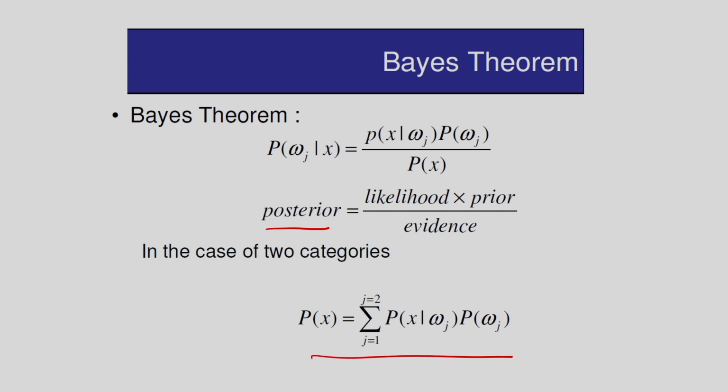In Bayesian decision theory, P(x) is the normalizing factor, that is the evidence. So it has no role in classification, and we can neglect it. We only have to consider the likelihood and the prior.